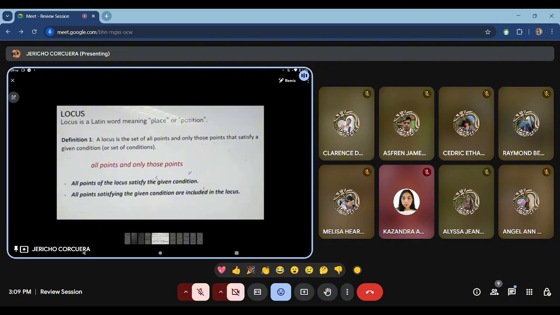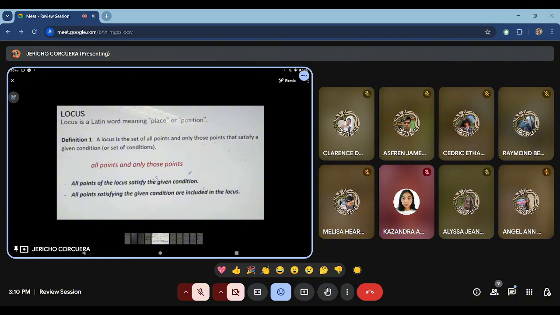So definition one, a locus is the set of all points and only those points that satisfy a given condition or set of conditions. All points of the locus satisfy the given condition, and all points satisfying the given condition are included in the locus.